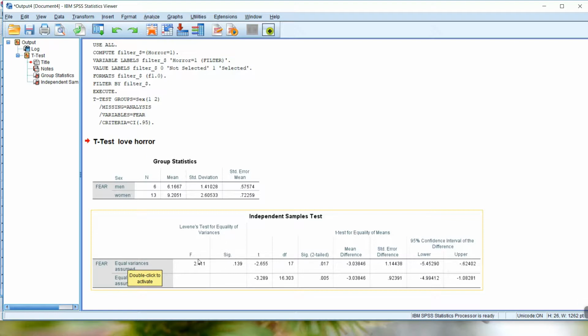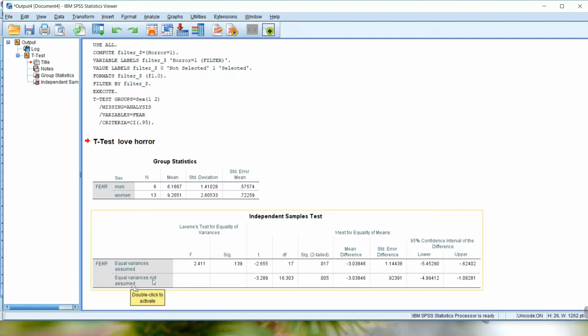And you can see from this, if we look at Levene's test, we actually don't need to look at Levene's test because remember, we did that with the very first two-way ANOVA. So that's a little overkill to look at it again. So we're just going to look at equal variances not assumed, because in the original two-way independent ANOVA, we did have a violation.